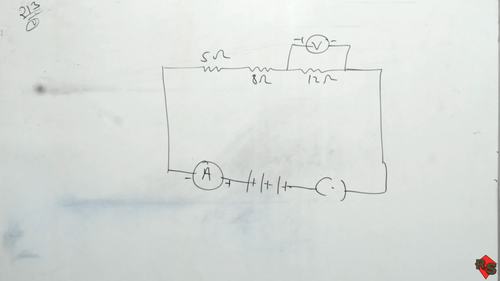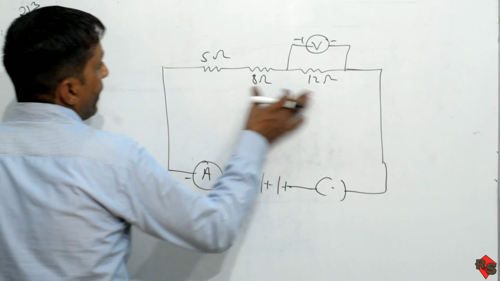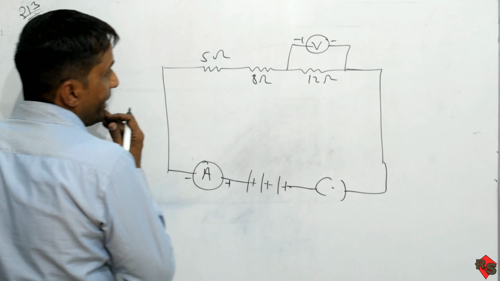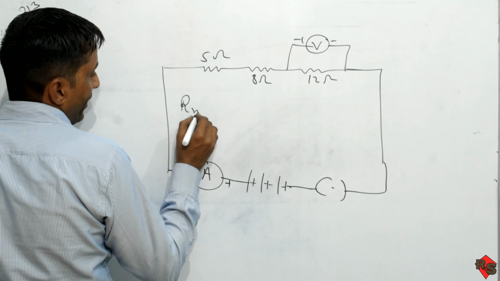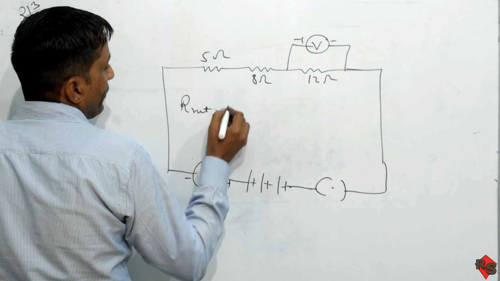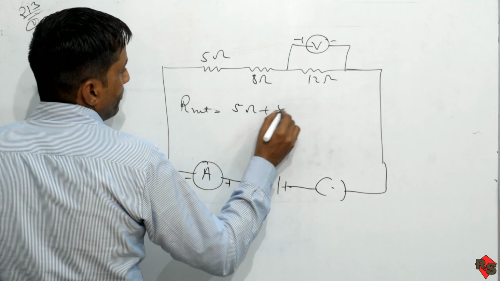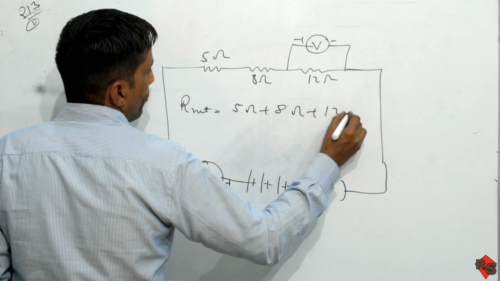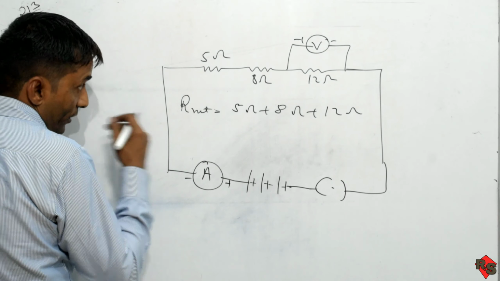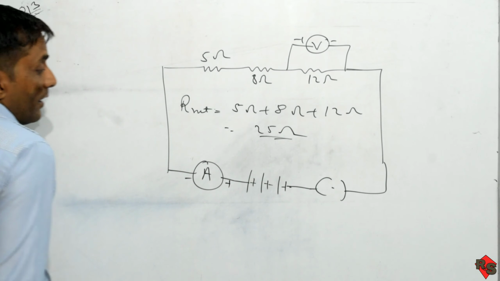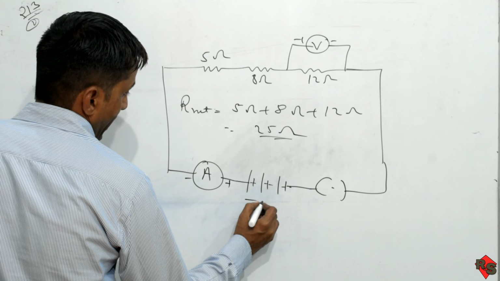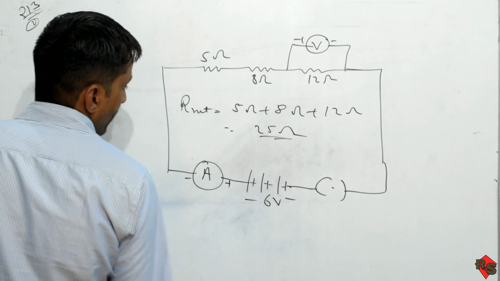First we have to find the current, so we need the net resistance. All three are in series, so R net is equal to 5 ohm plus 8 ohm plus 12 ohm, that is 12 and 8, 20, and 20 and 5, that is 25 ohm. The potential across is 6 volt.